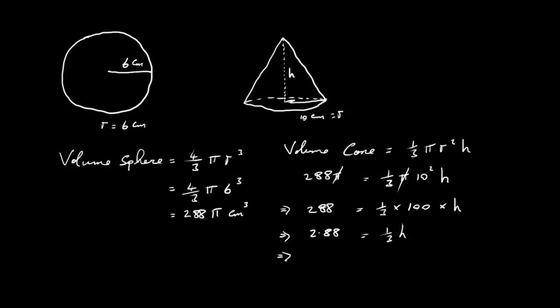And then finally we want to divide by 1/3, or multiply both sides by 3, and we get 8.64 centimeters. So the height of our cone will be 8.64 centimeters. And that's it for that question.